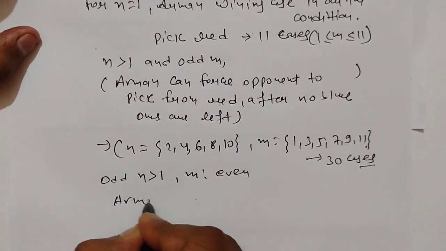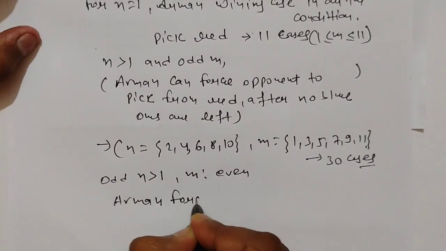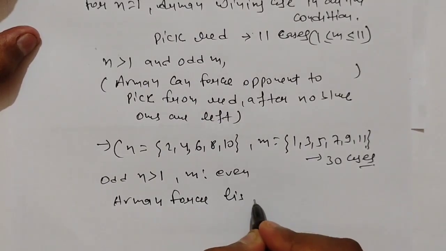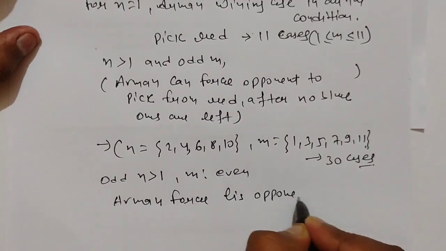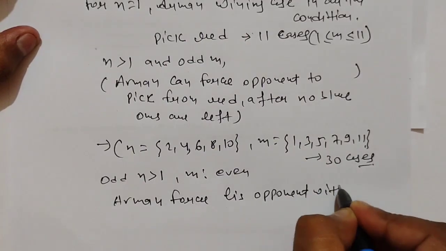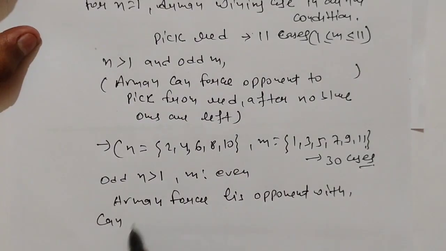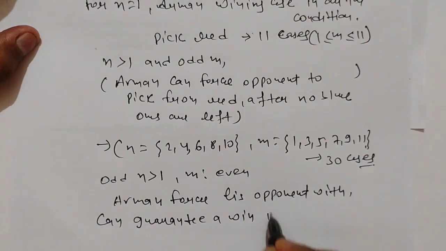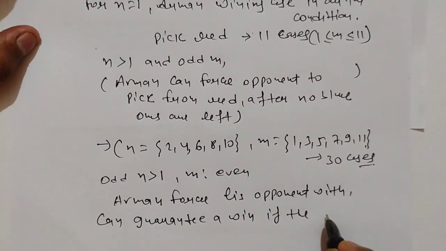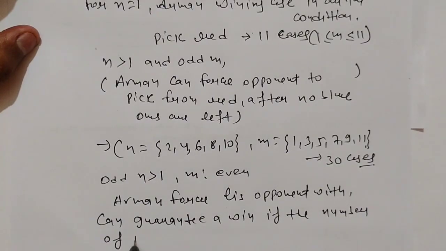So we have to write that Arman can force his opponent and guarantee a win if the number of blue marbles m is even.